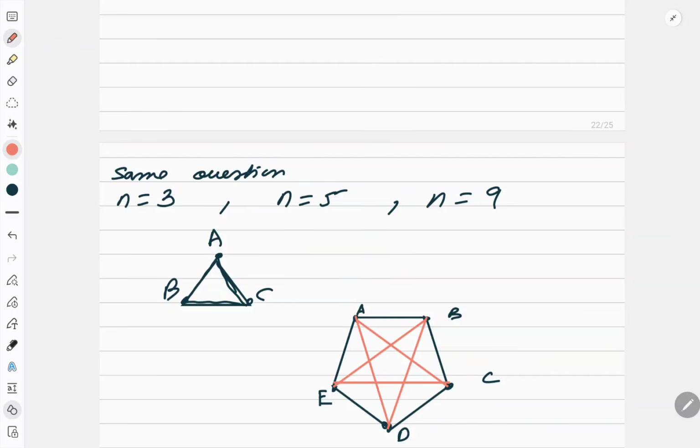So you have to write it in exam. First cycle is A to B, B to C, C to D, D to E and E to A. Second cycle A to C, C to E, E to B, B to D, D to A.